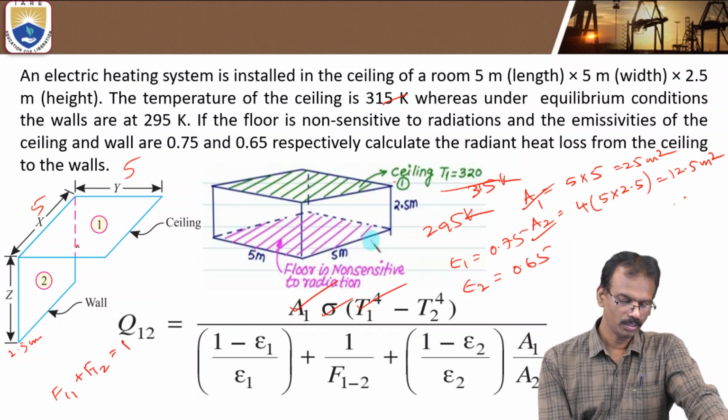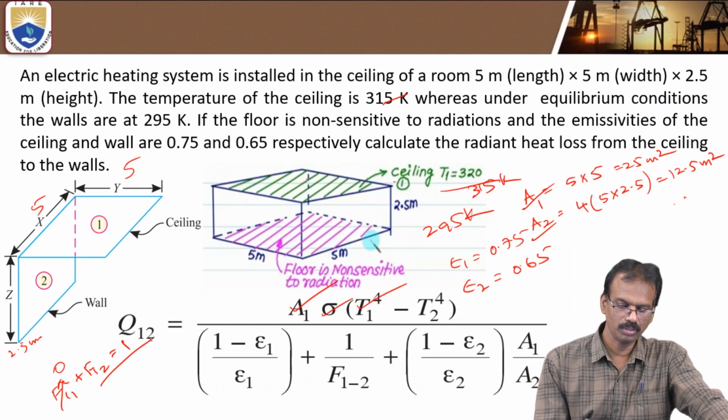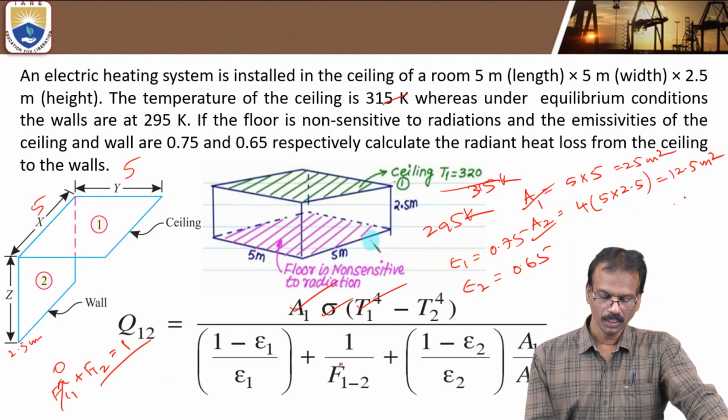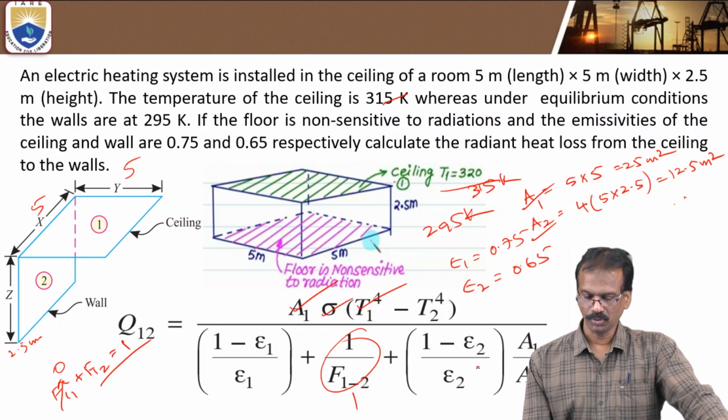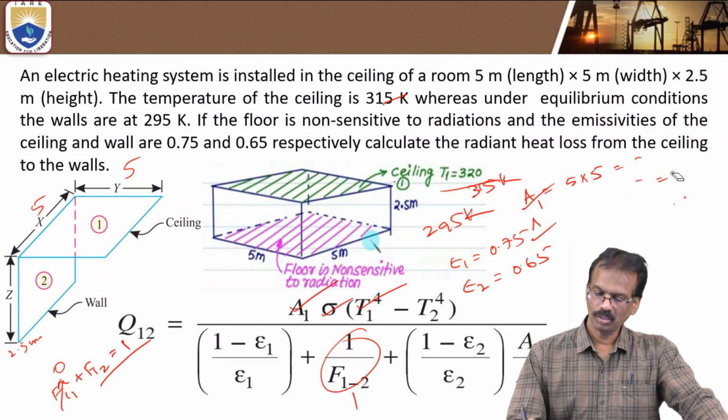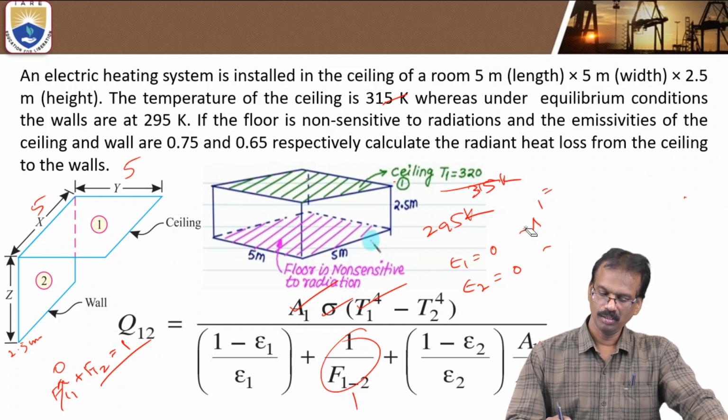So F11 is equal to 0, then F12 is equal to 1. So the value of F12 is equal to 1. And you know the values of epsilon 1 and epsilon 2, area 1 and area 2 also. If you substitute all these values in this formula, then we will get the final answer.